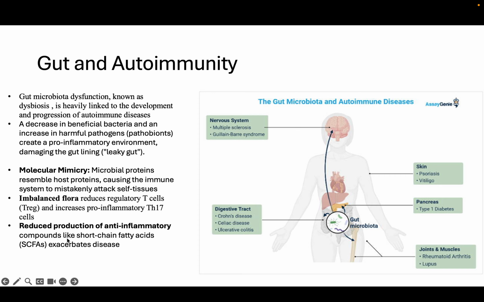These short chain fatty acids are very good at stopping immune responses. They are anti-inflammatory molecules. So if you have a lot of harmful pathogens, you reduce the amount of these short chain fatty acids.